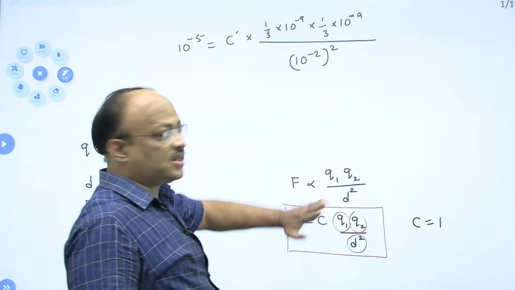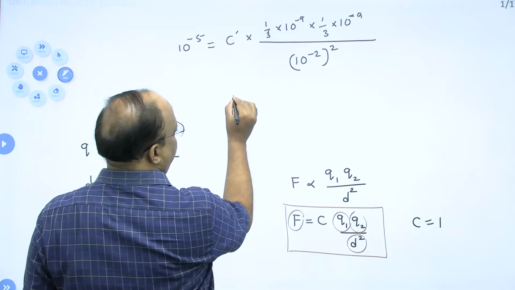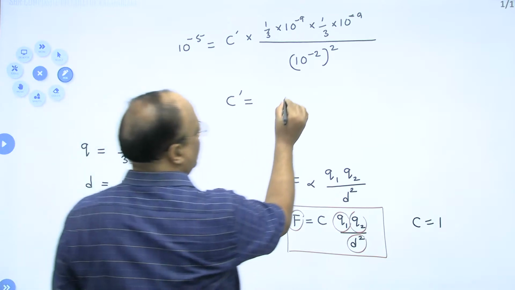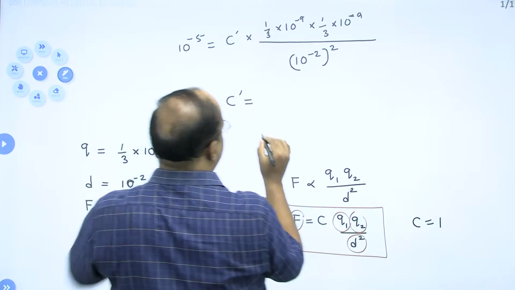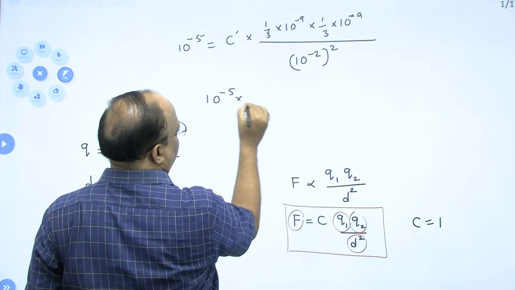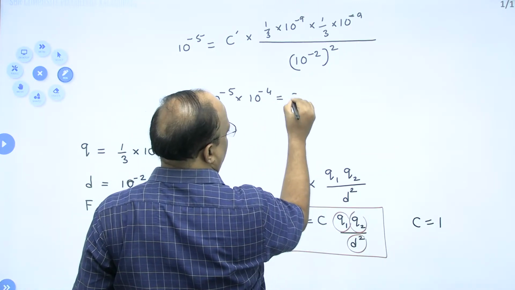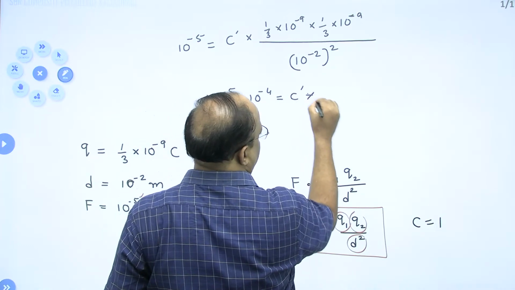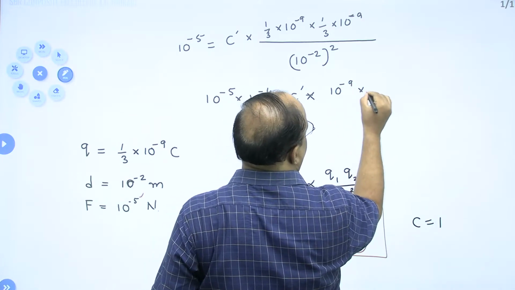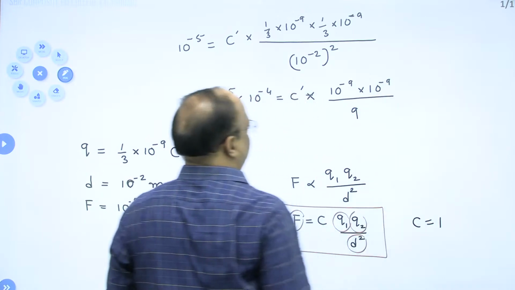I want to convert the CGS units into SI. So 10 to the power of minus 5 into this 10 to the power of minus 4 is equal to C dash into 10 to the power of minus 9 into 10 to the power of minus 9, whole divided by 9.